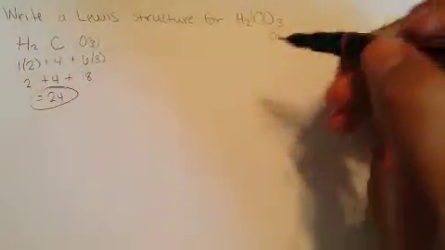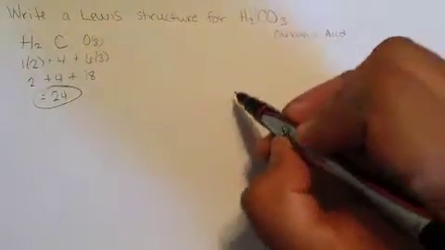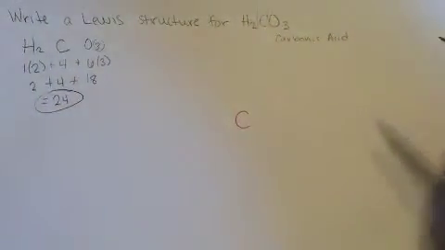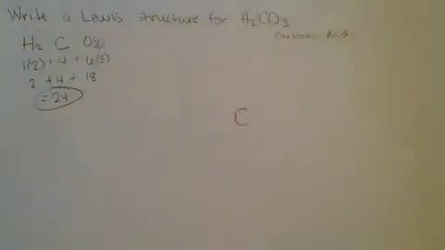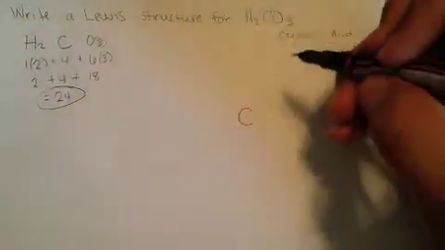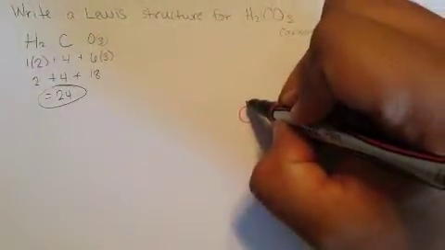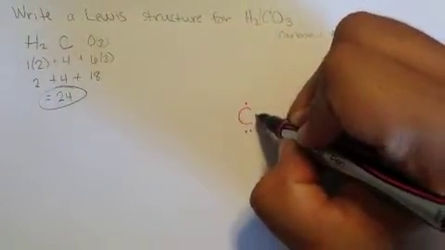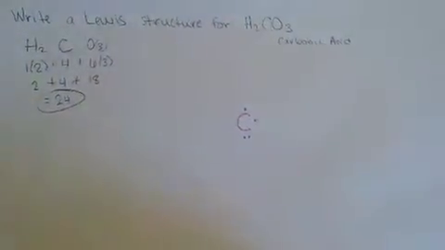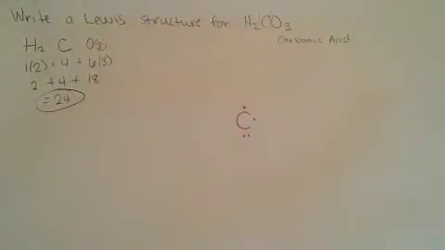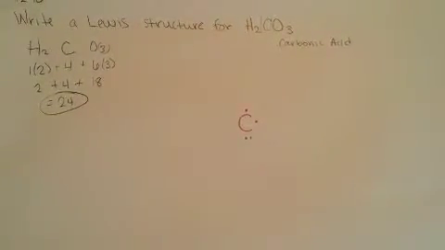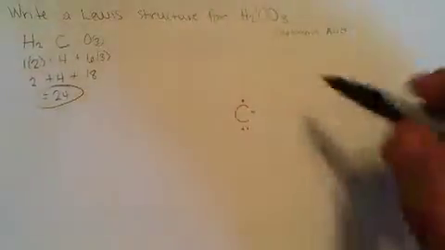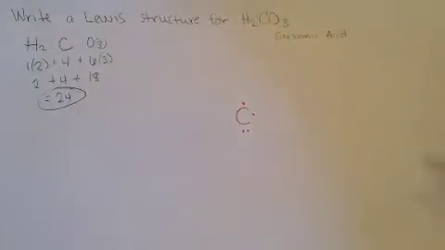So you want to start with your center that connects everything together. It's going to be your carbon, which has 4. Usually you would put 1 on each side, but it will connect because it has a double bond with oxygen.